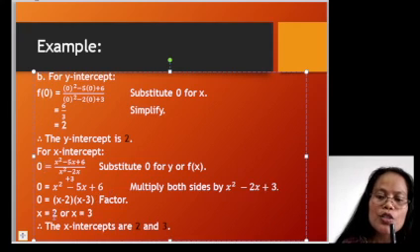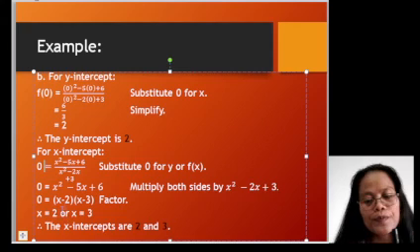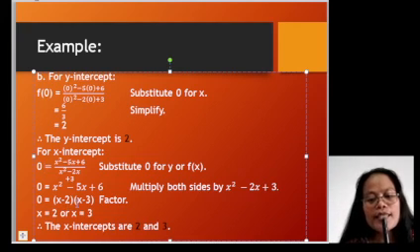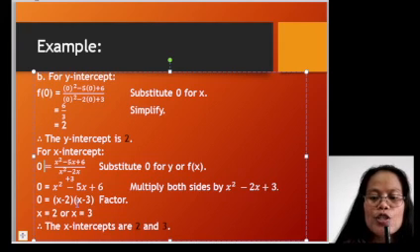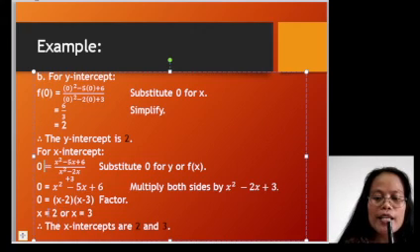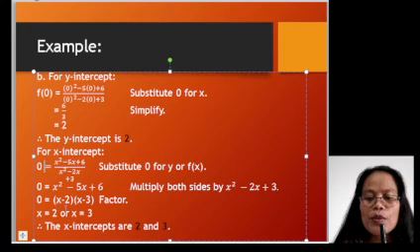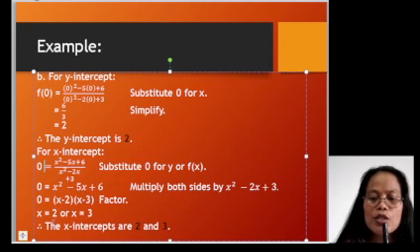And we need to solve what is the value of x. So since we have two factors here, solve for x. So x minus 2 is equal to 0, and x minus 3 is equal to 0 also. And to solve for x, we will add to both sides. So x minus 2 plus 2 is x, and 0 plus 2 is 2.